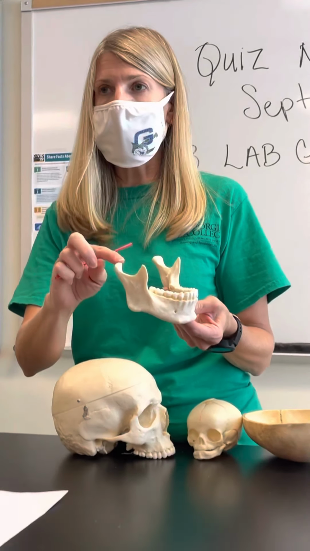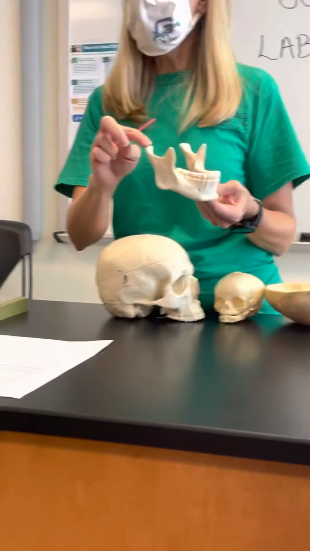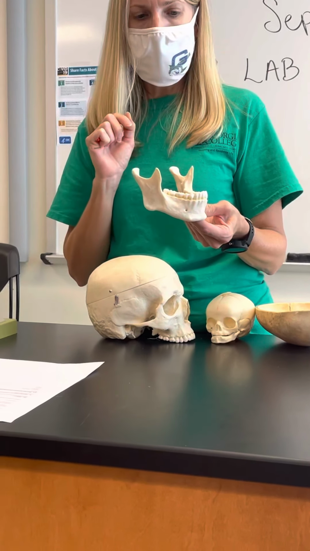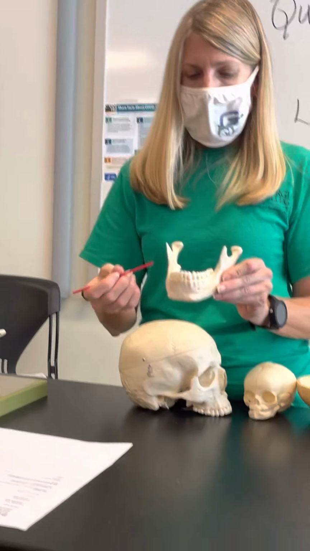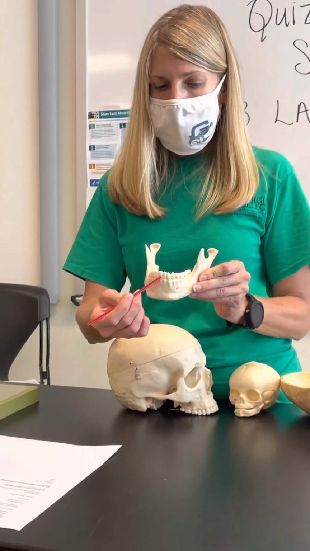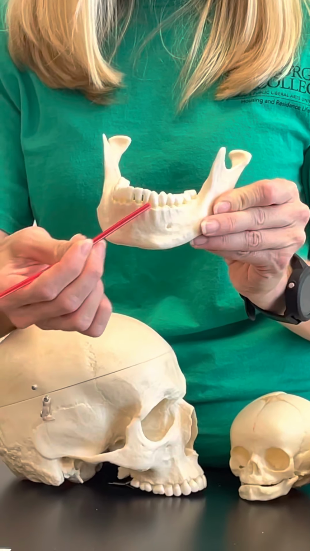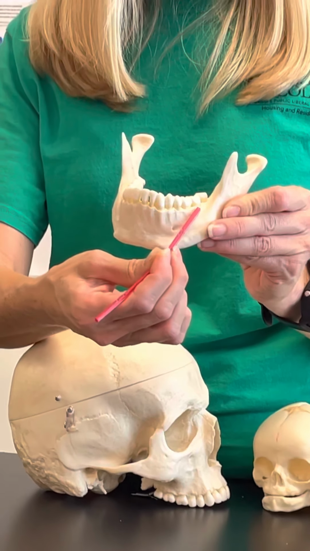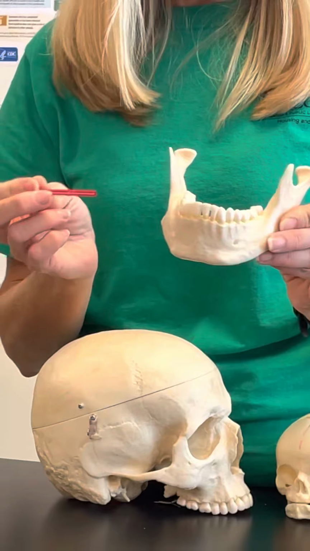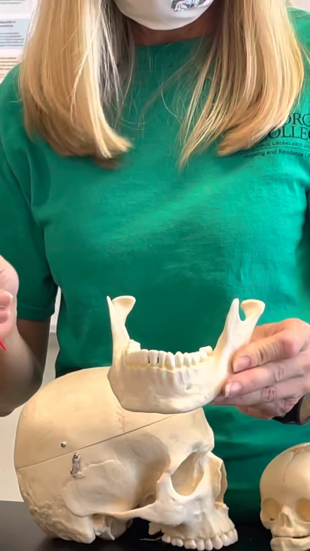So condyle is just a rounded part of the bone, so it's smooth. Your mandible also holds a series of teeth within alveoli. So those are your tooth sockets. Lots of them, teeth sockets.